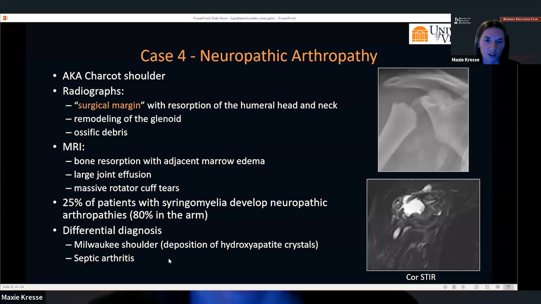Milwaukee shoulder is the other one that can have this look. Usually it's less severe than this in terms of the amount of bone resorption, and it's also less common. So if you see this look, it's definitely a good idea to make sure the patient gets a cervical spine MRI.